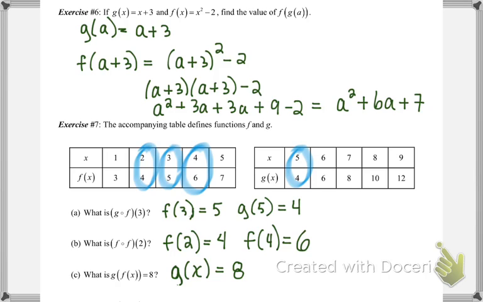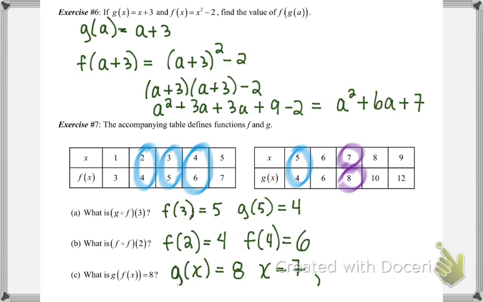So let's go to, okay, so when g of x is equal to 8, let's go to our table and find where g of x equals 8. So here's where g of x is equal to 8. x is equal to what number? 7. So x is equal to 7.